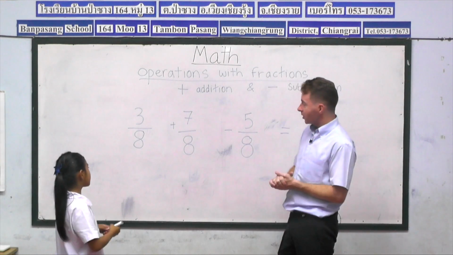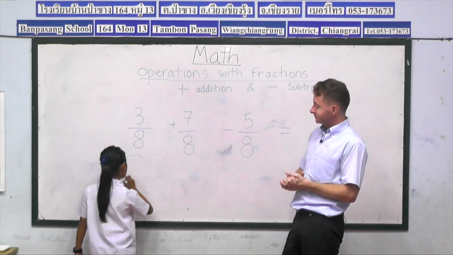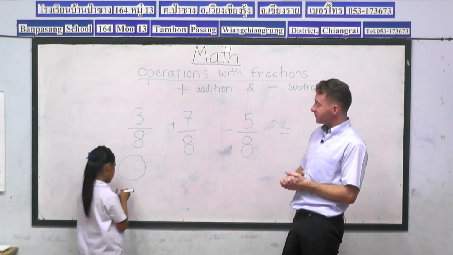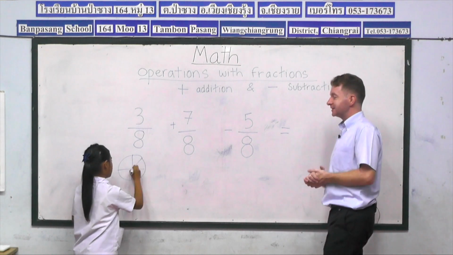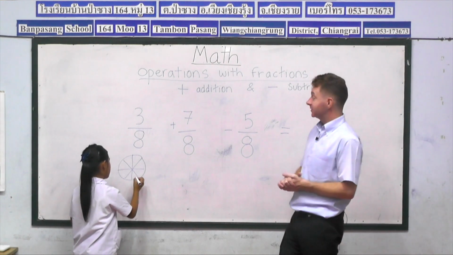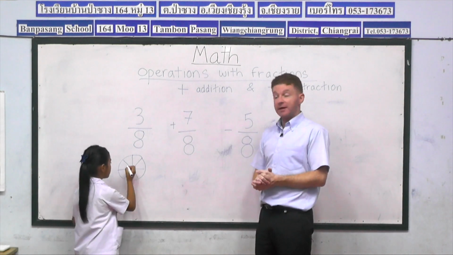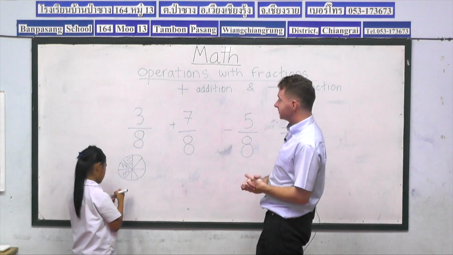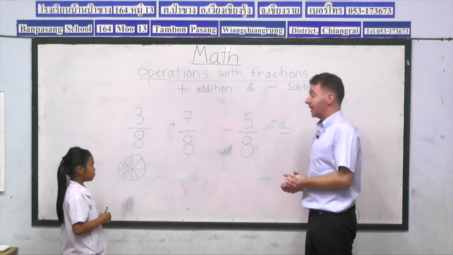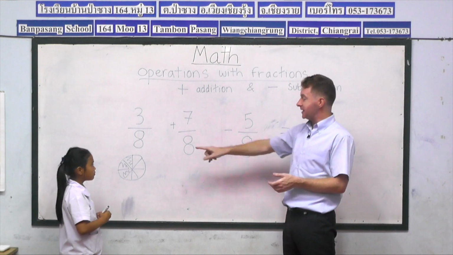So our first circle needs how many parts? 8. So we can divide our circle into 8 parts. 2, 4, 6, 8. And then how many parts do we need coloured in, guys? 3. 1, 2, 3. Excellent, Pak Bung. But then we're going to add 7 over 8.